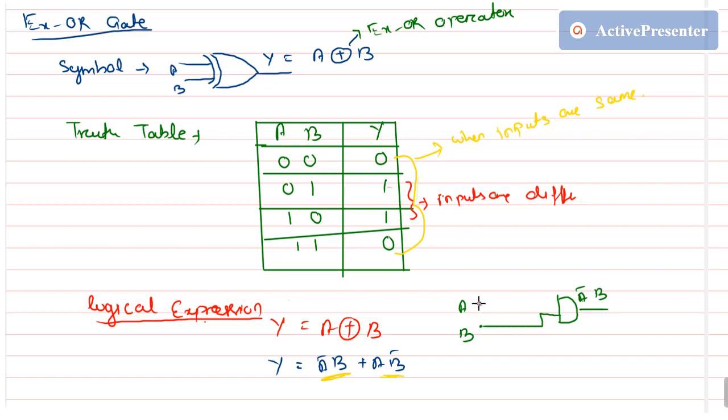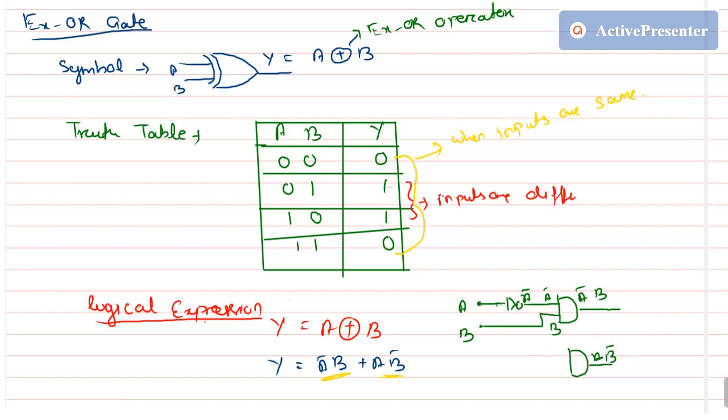Then again I need A bar. A bar means you need to connect a NOT gate here. So the input is A and the output will be A bar, and here it is A bar and B. Okay, the output will be A bar B. Now the second is A into B bar. So I will need another AND gate whose output will be A B bar.